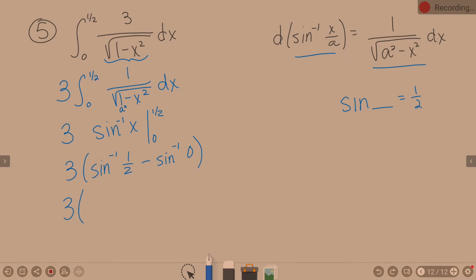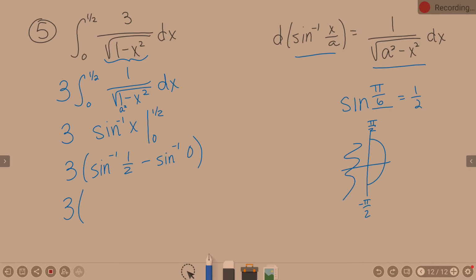But this is also where the half circles fall into play. For sine, it has to be something on the right half, going from negative pi over 2 to positive pi over 2. Well, according to your chart, sine of what angle is 1/2? Pi over 6, 30 degrees, right?